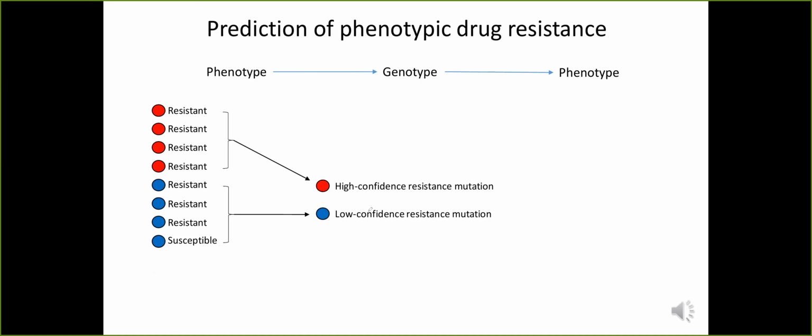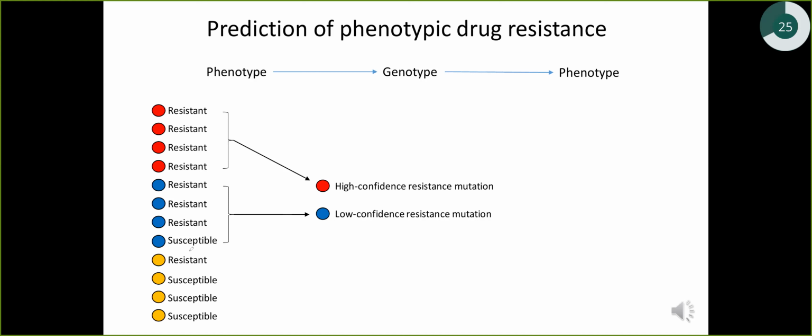So then I would say this is a low confidence resistance mutation, because yes, it is true that many of the strains with this mutation can be resistant, but I also know there are some strains with this mutation that are susceptible. So then I'm not sure anymore whether this mutation is really, directly or clearly involved in rendering this strain drug resistant.